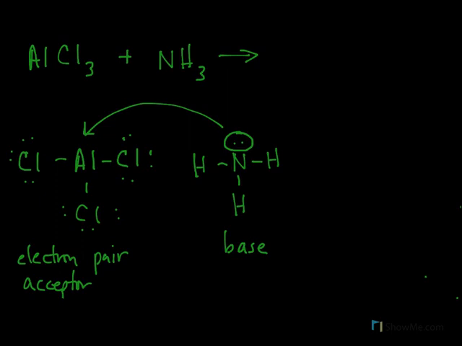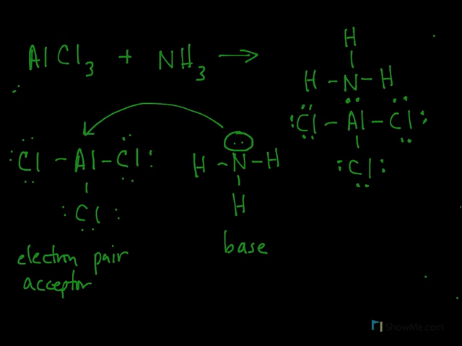Therefore, then what is the product? Well, the product is very simply, it'll be aluminum. This is the bond with the nitrogen. Okay, so this is the product right here.